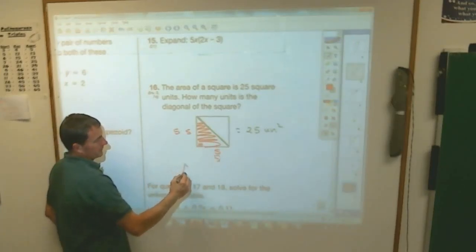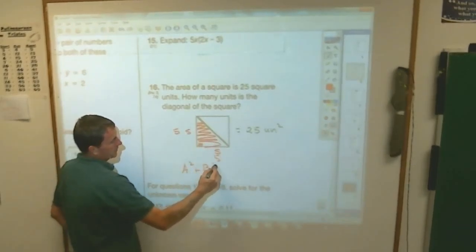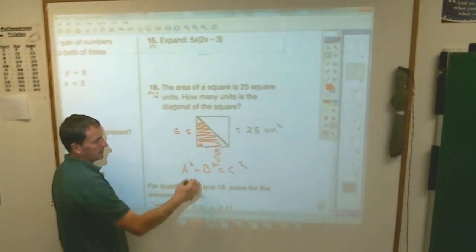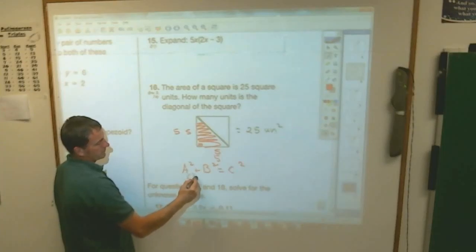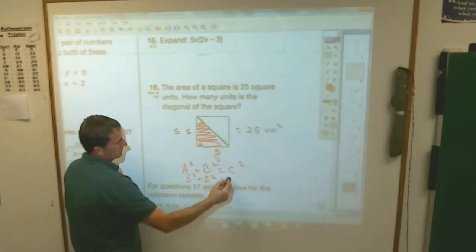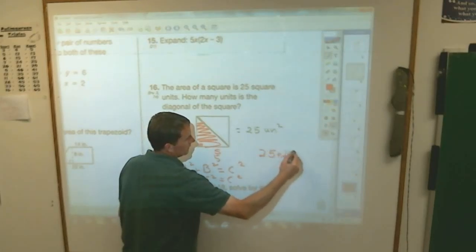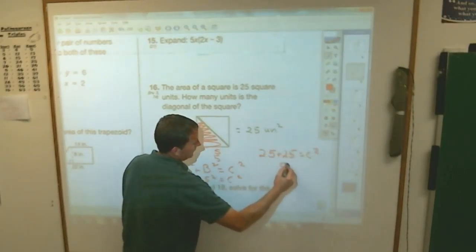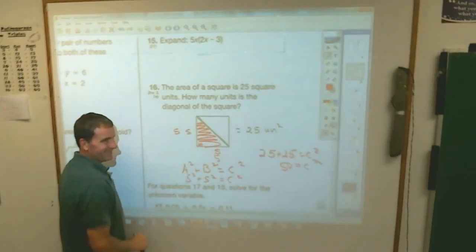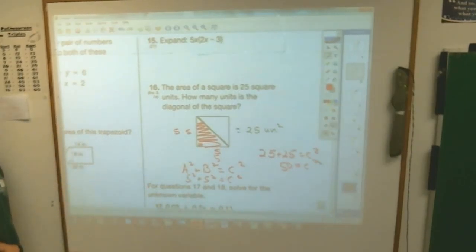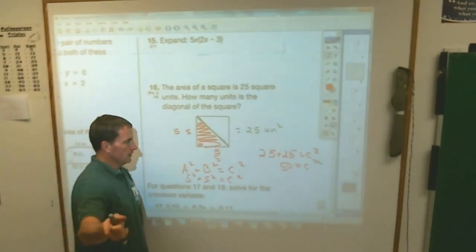So there is your a squared plus b squared equals c squared. A and b are both 5. So 5 squared plus 5 squared, 25 plus 25 equals c squared. 50 equals c squared. What does c equal then if c squared equals 50?